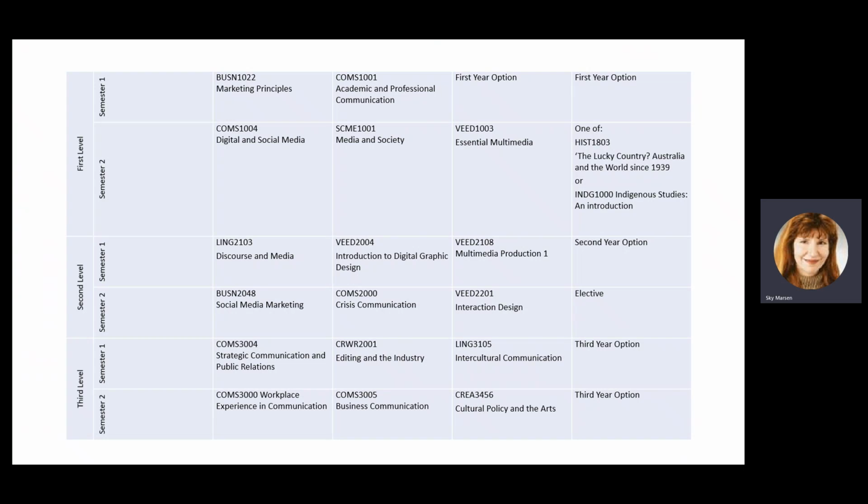You have Digital and Social Media, which combines the critical communication with the digital creative ones. Media and Society. Essential Multimedia, which is a very hands-on topic where you learn to create animations and videos and so forth. So in each semester and each year, you have a combination of topics from those three strands that make up the degree.